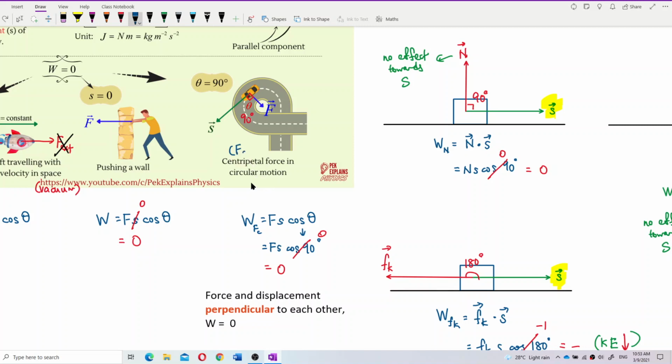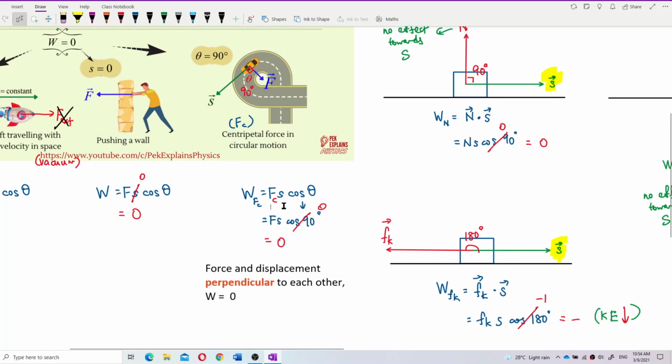You will learn in the chapter circular motion. The work done by the centripetal force is always 0 because the centripetal force is always 90 degrees to the displacement. So with cos 90, when the force and displacement are perpendicular to each other, the work done is 0.